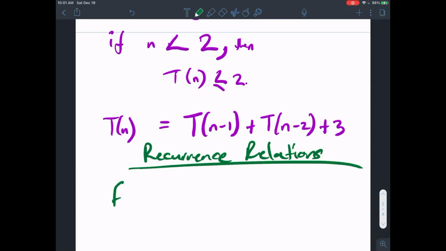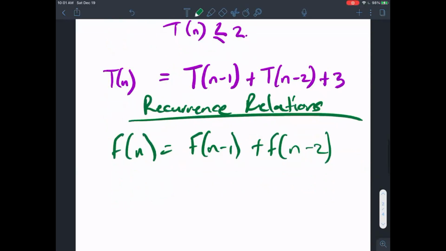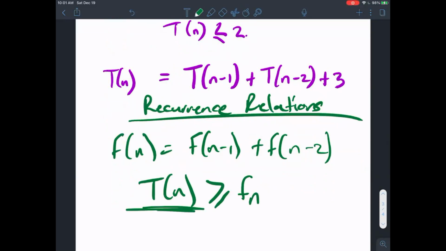We know that Fn is equal to f of n minus 1 plus f of n minus 2. If we compare these two, we can immediately see that T of n will be greater than f of n.